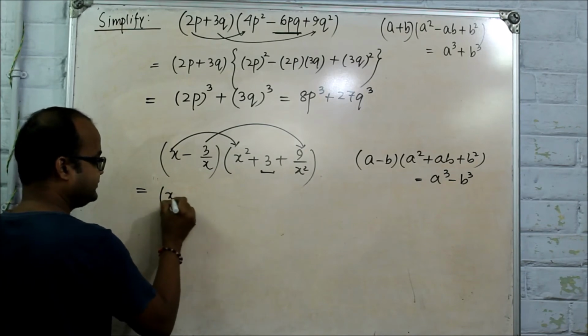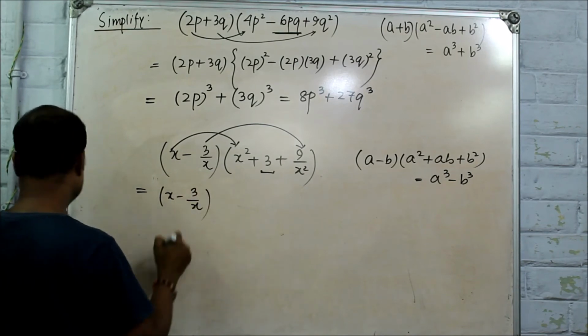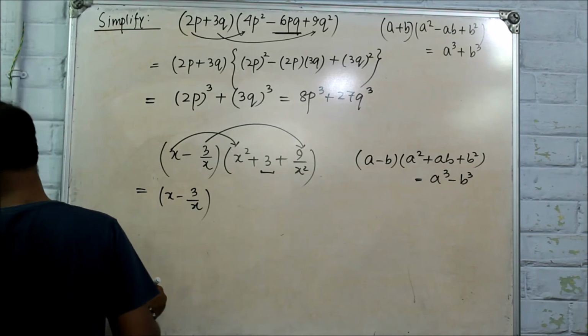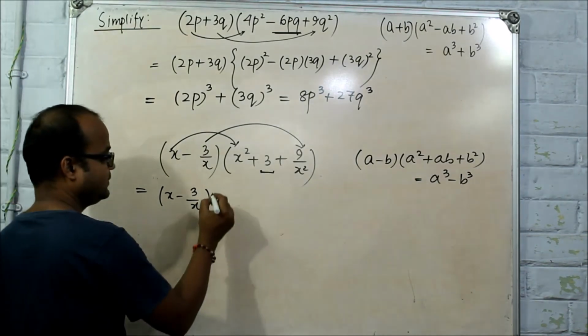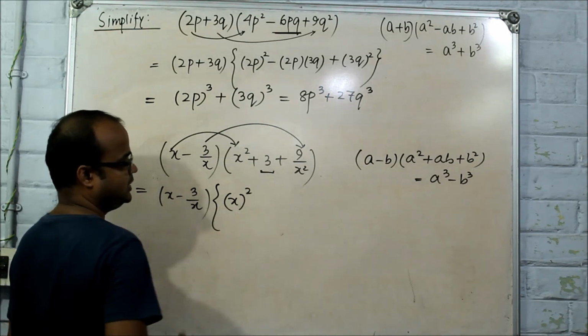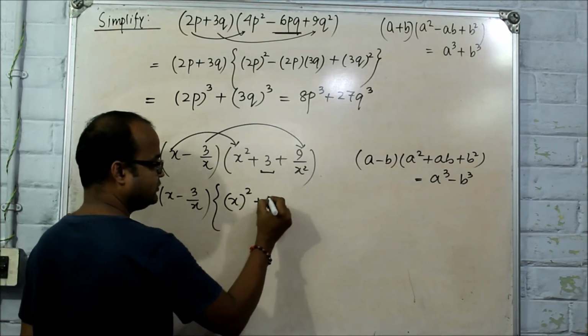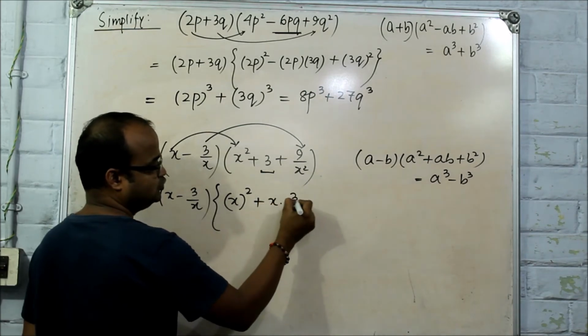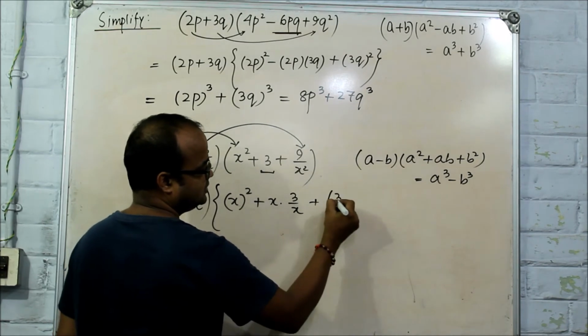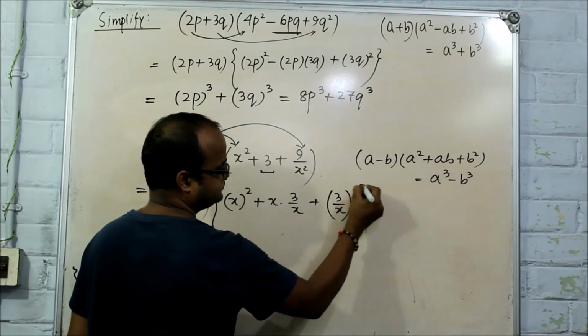So we write (x − 3/x), then a², then it is a product of two terms, so x into 3/x, plus (3/x)².